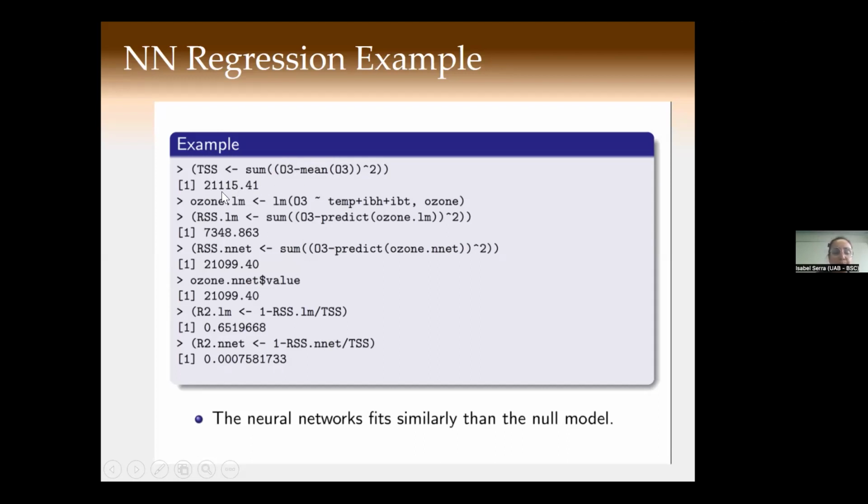In the case of linear modeling, we obtain a strong reduction of the residual sum square: from 1,000, only 7,000 is not explained. Linear regression explains a very strong part, in fact 65% of the variability.